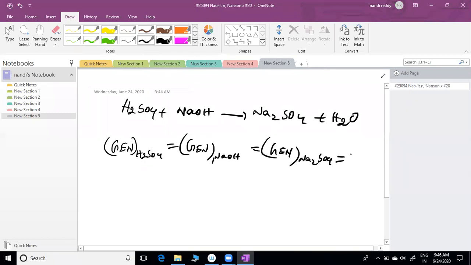Everything you can equal, sir. GN of H2 also. So everything you can equal in terms of gram equivalents. Understood? Anything you can equal, doesn't matter. Anything.